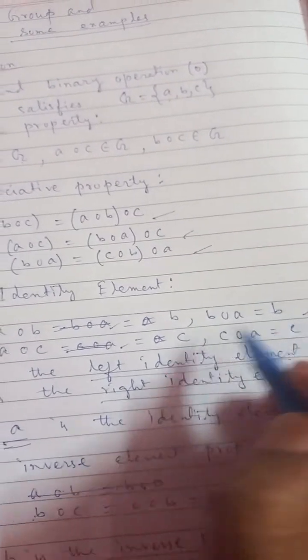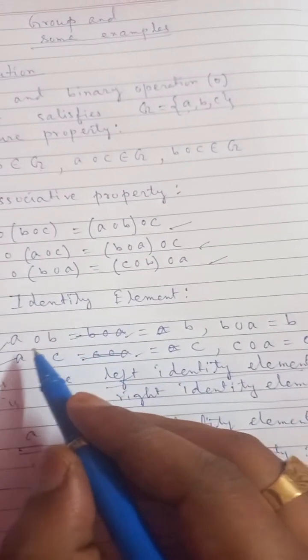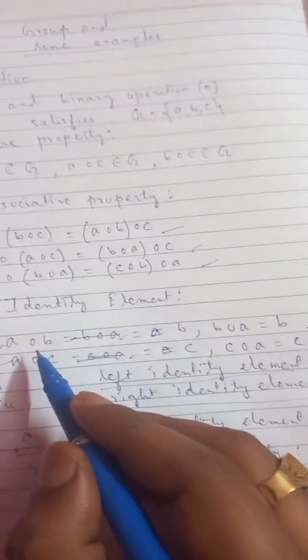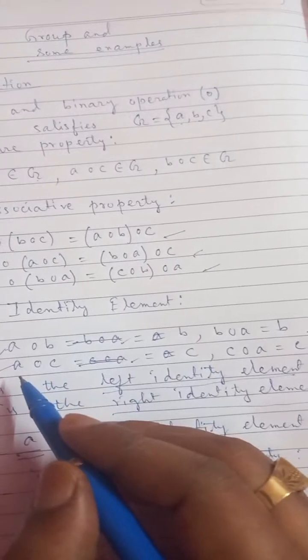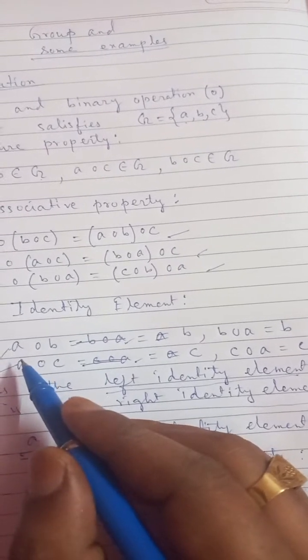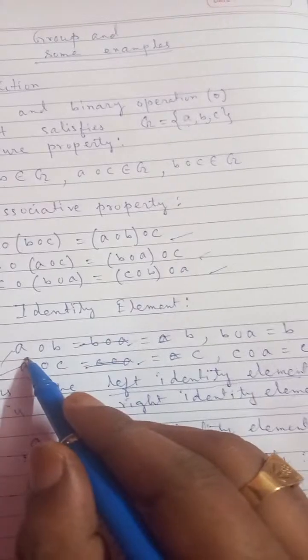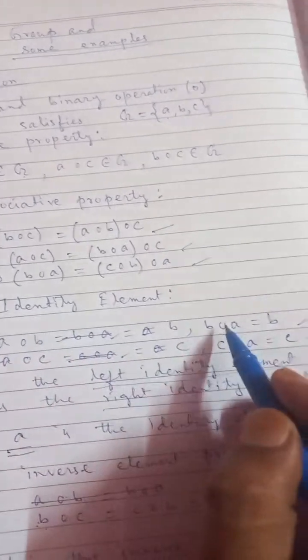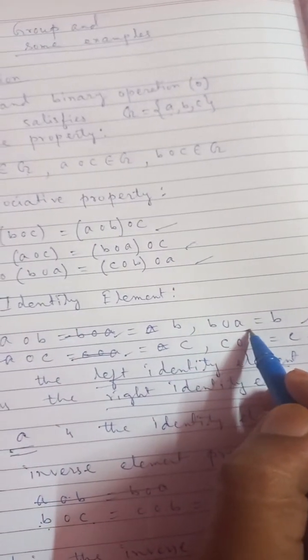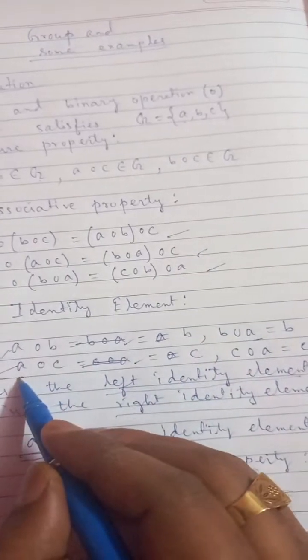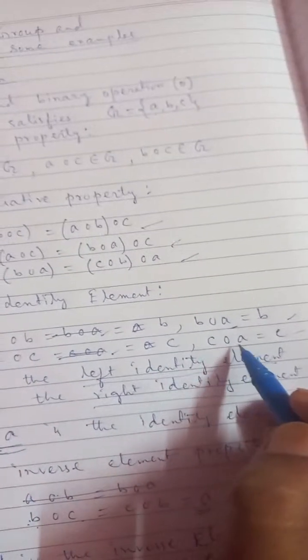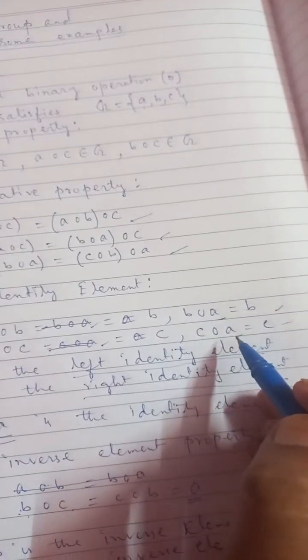So here A is the identity element, left identity element, and here A is the right identity element.